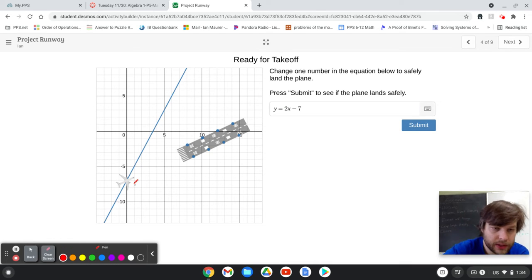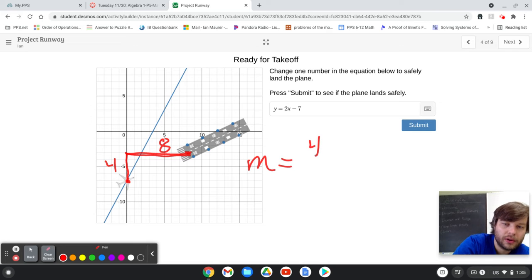And what you can do is draw yourself a little slope triangle. We're trying to get from where the plane starts right there to the middle of the runway. So using those 2 points, I'm going to go up and over, and I'm going to count the rise over run. And looks like I went from 7 to 3, so that's a rise of 1, 2, 3, 4. It looks like I went from 0 up to 8, so that's 8 steps to the right.